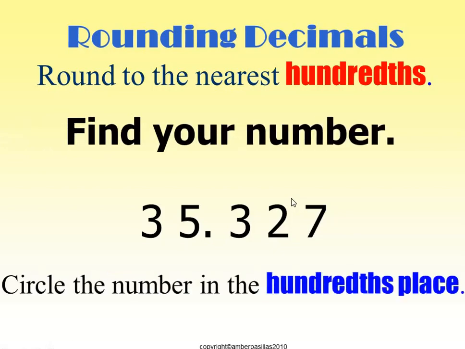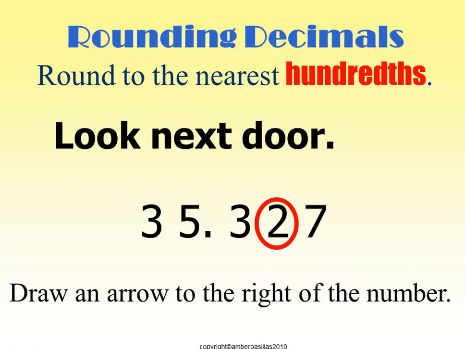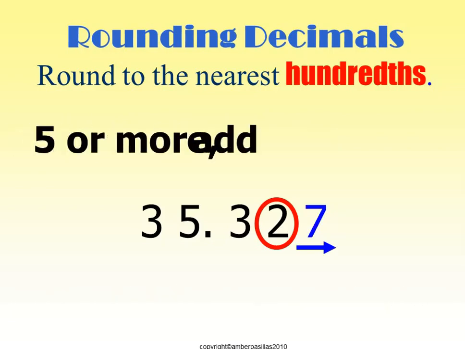Then you will underline or look at the next-door digit, which is to the right of the 2, which is 7. And you will ask yourself, is 7 more than or equal to 5, or is it less than 5? No, it's more. So it will give the 2 a 1 and it will become 0.